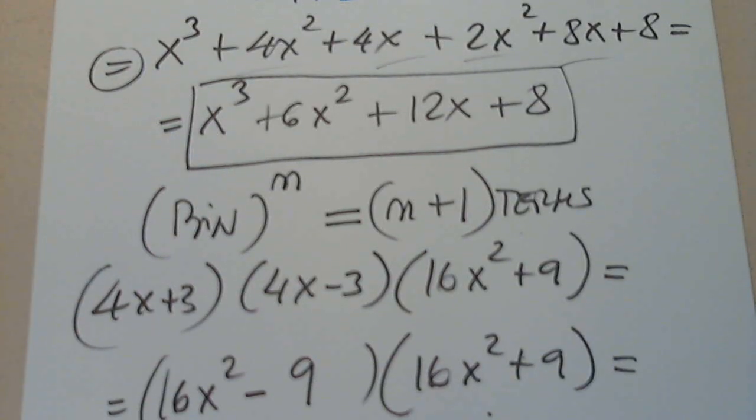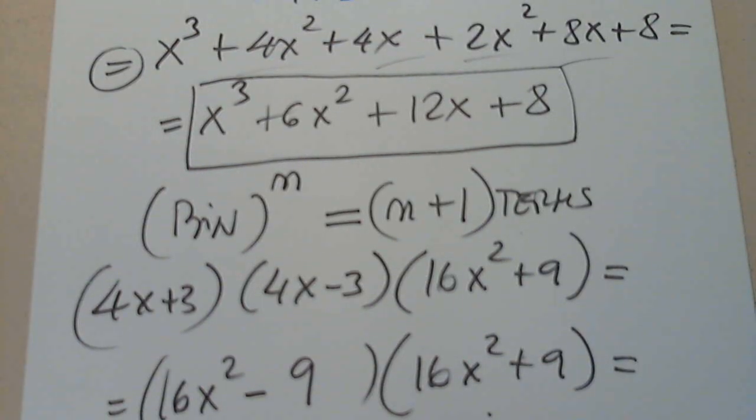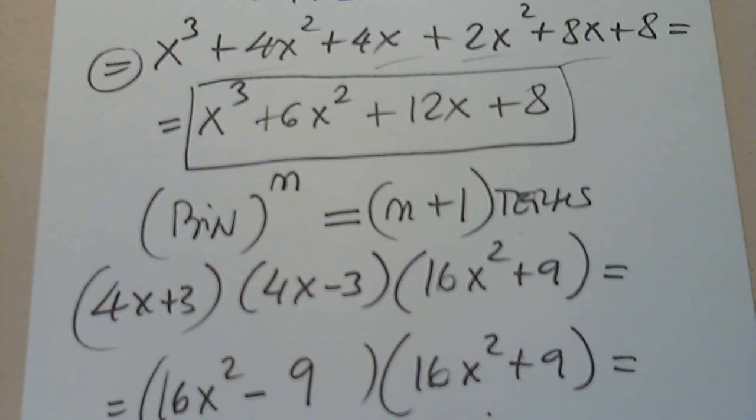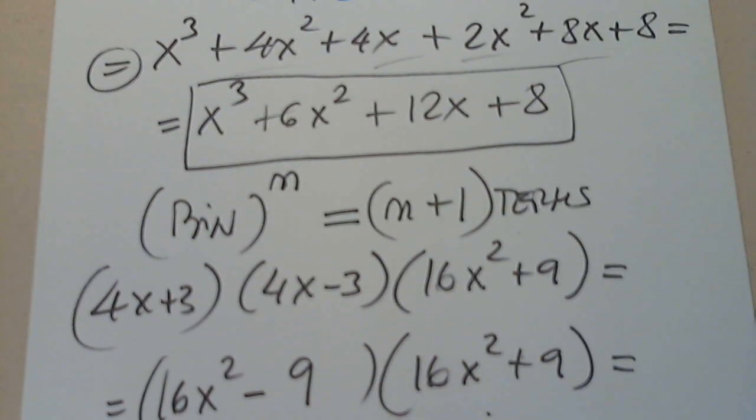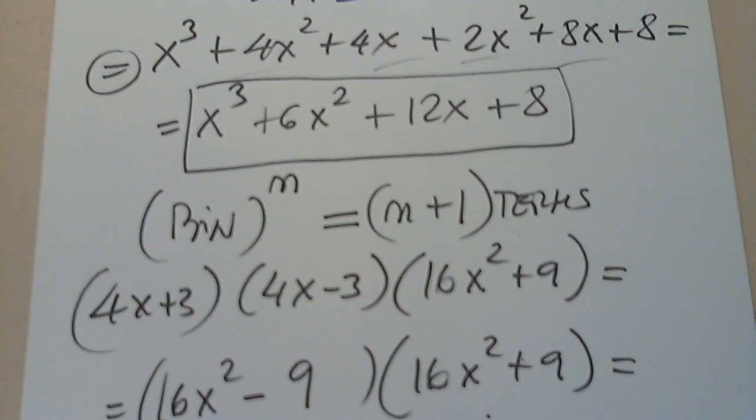What is this? Another difference of squares. Exactly. This time I don't need parentheses. And I'll tell you 16 times 16 is 256. But what about x squared times x squared, or if you want, 16x squared squared? I have x to the 4th. Indeed. Minus the second term squared, which is 81. This is it.